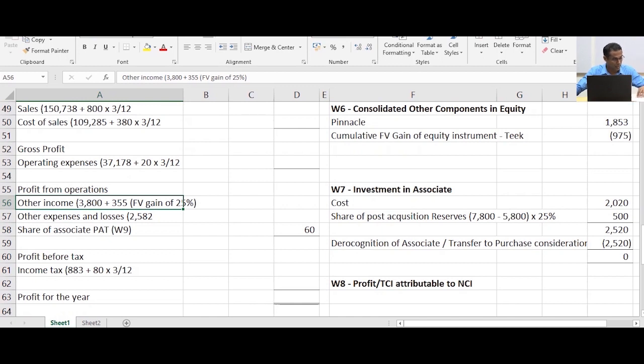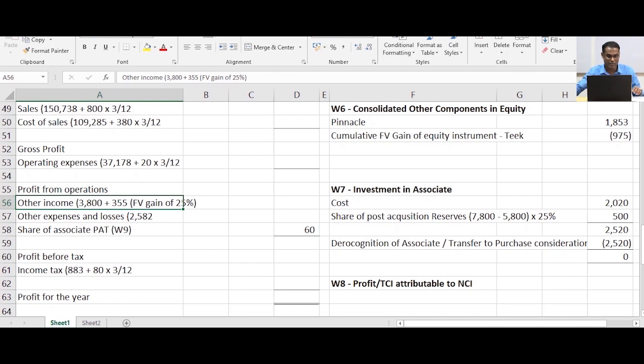If you look at the question, under the heading disposal of Small Limited, which is in the pilot paper as well: on 1st January 2019, Pinnacle sold all its holding in Small Limited for 5,400 million. As Small Limited is not related to Pinnacle PLC's core business, accordingly a 3,800 million gain was recognized in the income statement of Pinnacle PLC.